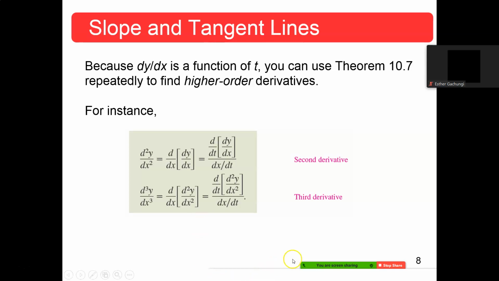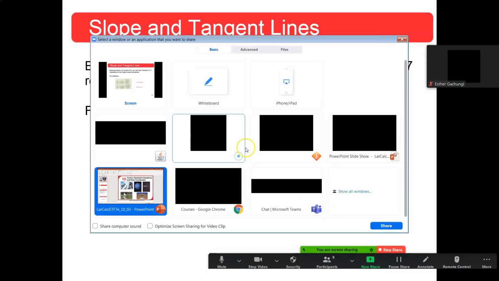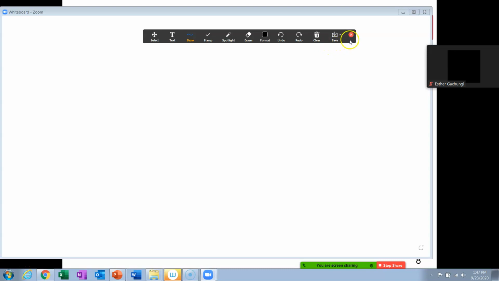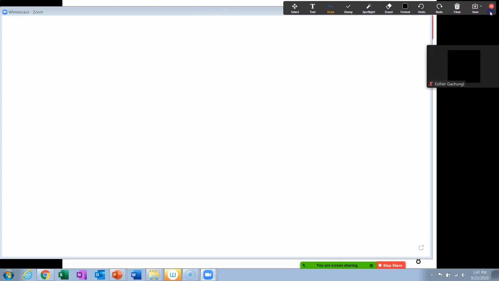So let's get our screen share set up to the whiteboard. Let's clear the whiteboard, and for some reason all these things came back down. So let me move it back up as much out of the way as possible, and we can go from here. So let's do example 2.